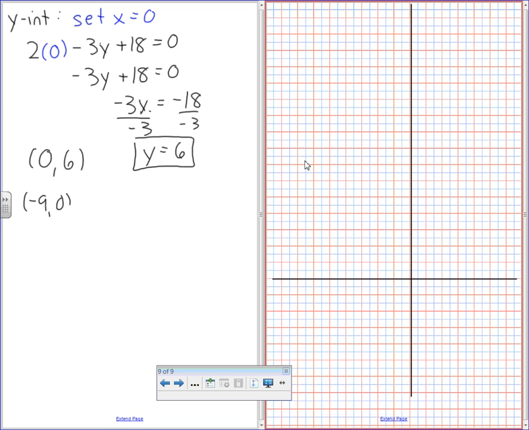Okay, great. All right, Aiden, what else should I put on my graph, please? Yeah, numbers, we good, okay? So I have to make sure I get up to 6. Okay.